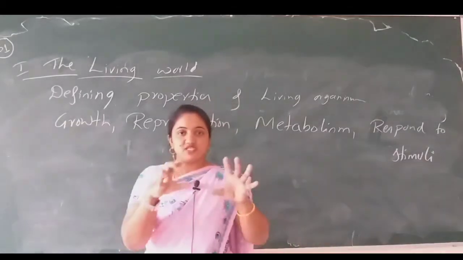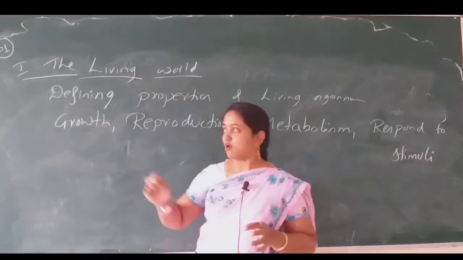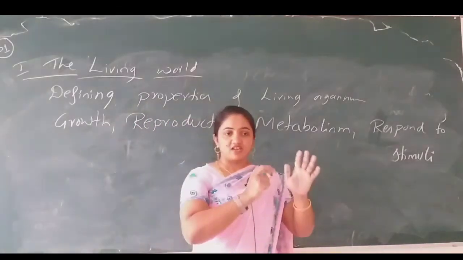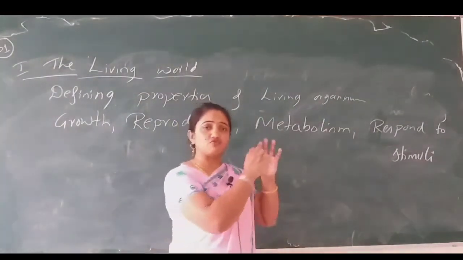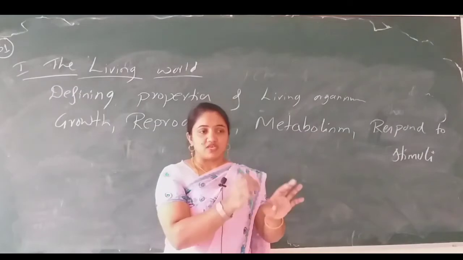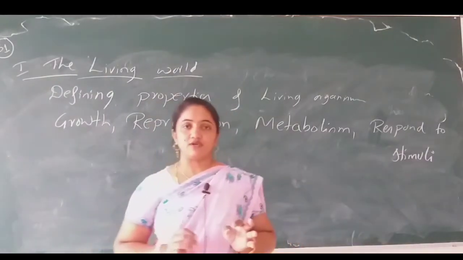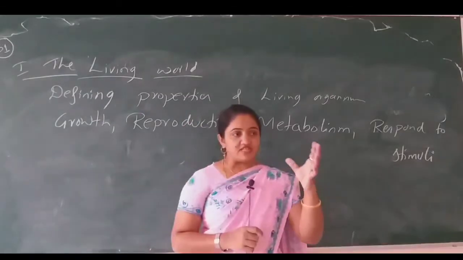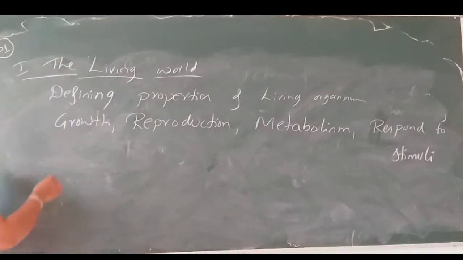So just imagine these are 4 ideal properties of living organisms. Can we conclude by these properties here itself? Yes, if it is growing it means a living organism? No, we cannot. Then how can we define whether it is living or non-living? I'll tell some examples for that.